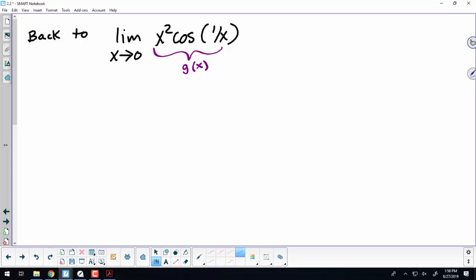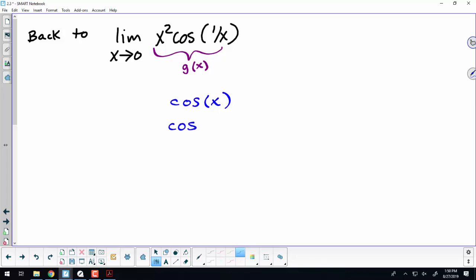What do we know about the cosine of an argument? Can we bound that? Think about the graph of cosine. What do we know about it? It's between 1 and -1, right? So remember when you saw this, cosine of x is in between 1 and -1, well, that x could be anything.